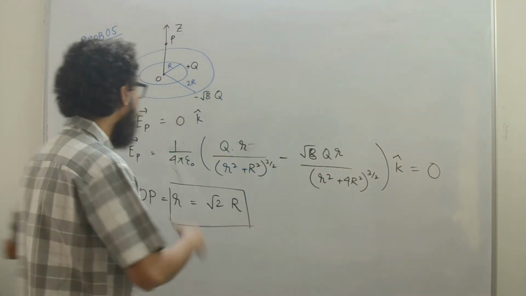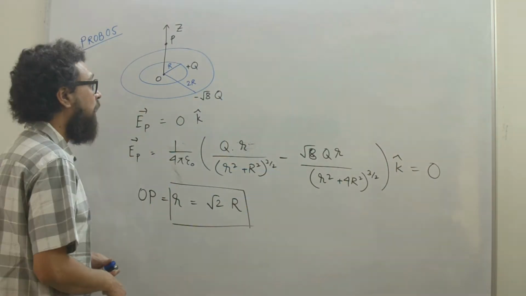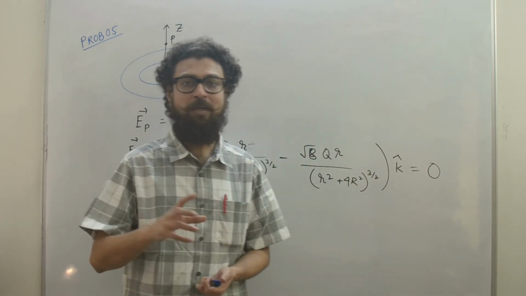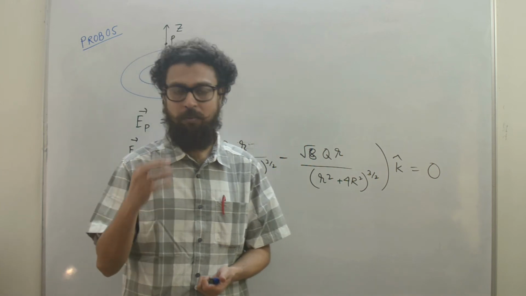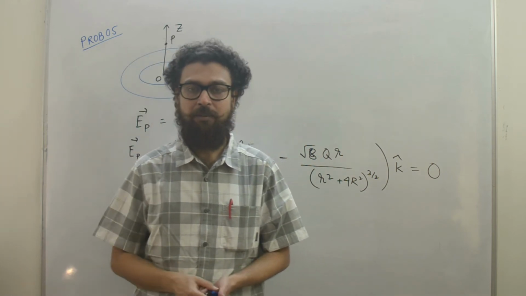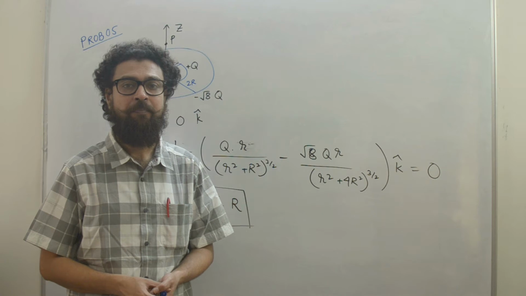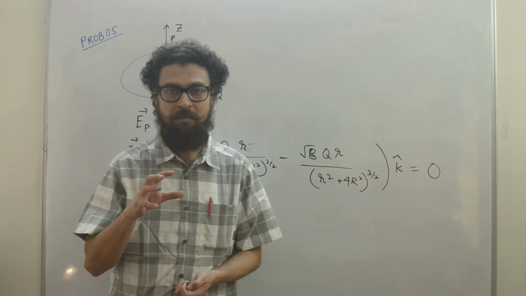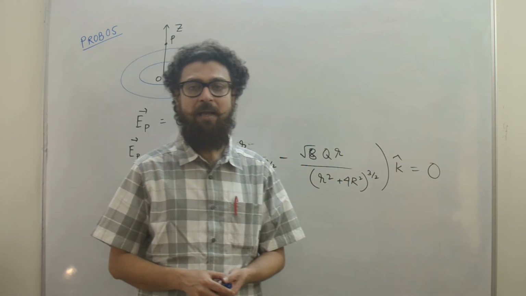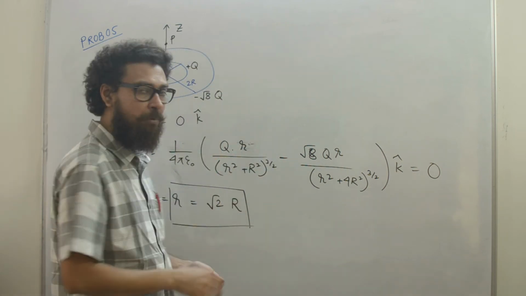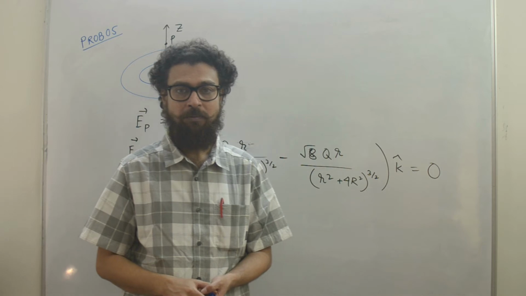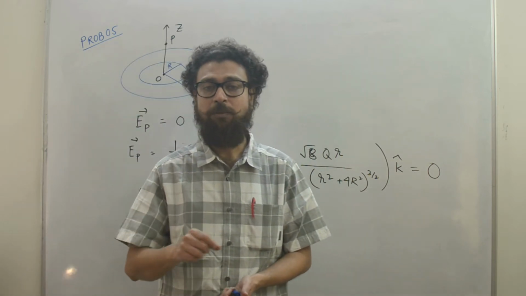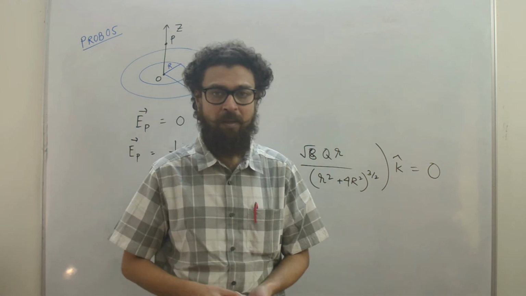Okay. We are moving into problem 5. This is very interesting. Two concentric rings having centers at O, the origin, contain total charge capital Q and minus root 8 Q, whose radii are capital R and 2 capital R respectively.